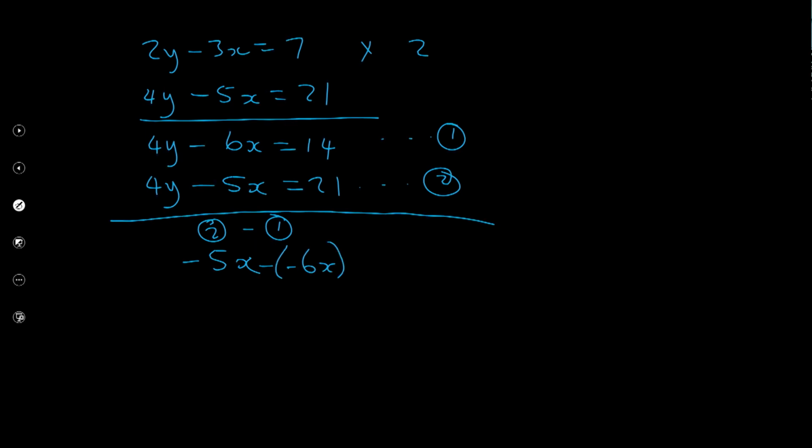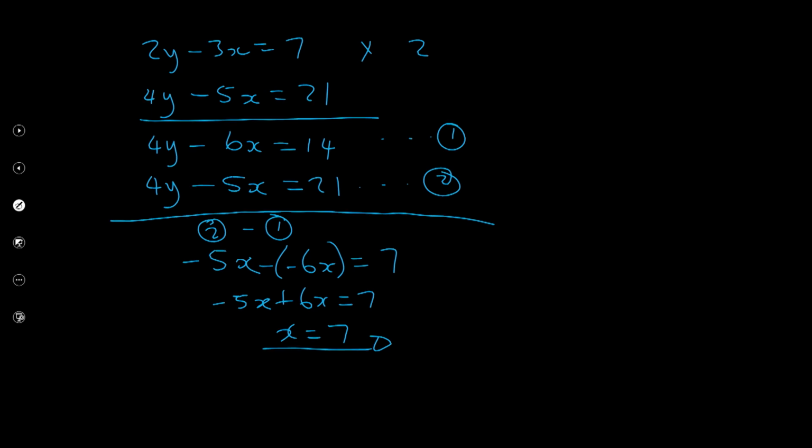Minus 6x is equal to 21 minus 14, there will just be 7. That one I'm sure you are clear about. So this will then give me negative 5x plus 6x is equals to 7, then my x will be equals to 7, right? And then I solve for y.